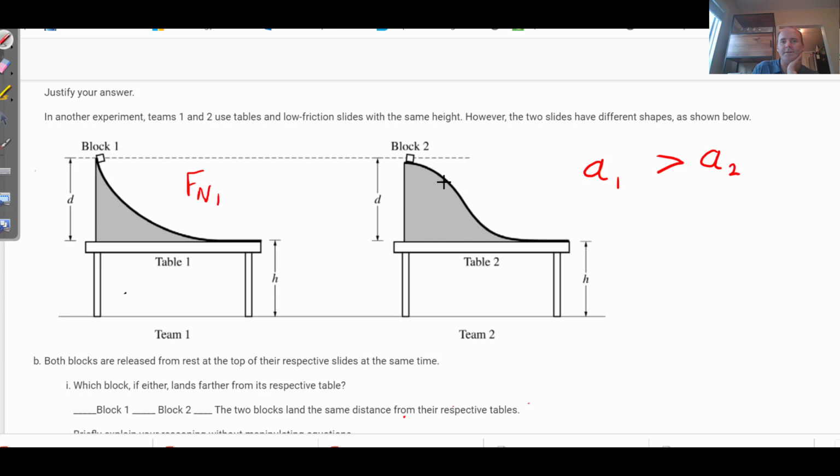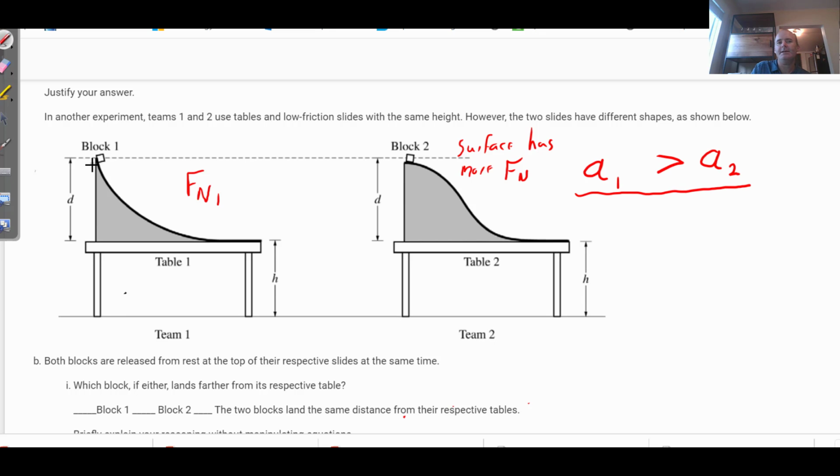There's more normal force here, so the surface is pushing up against it more overall, and therefore these accelerations are different.